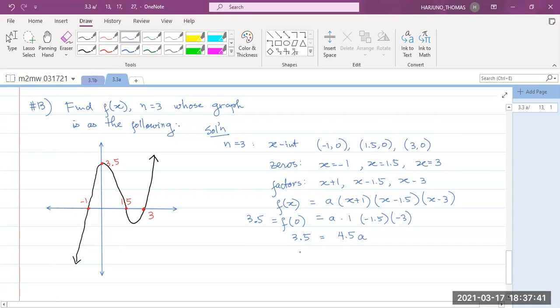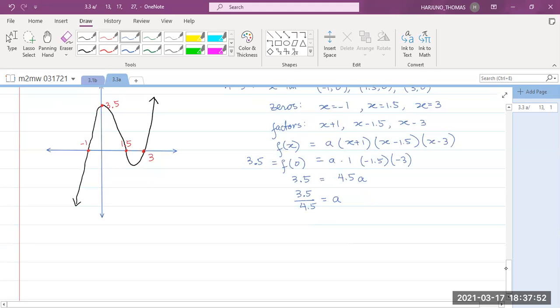So a is 3.5 over 4.5. Don't use a calculator. Once you use a calculator, you just lose it. It will be a very long decimal. Instead, think of how to make the denominator an integer.